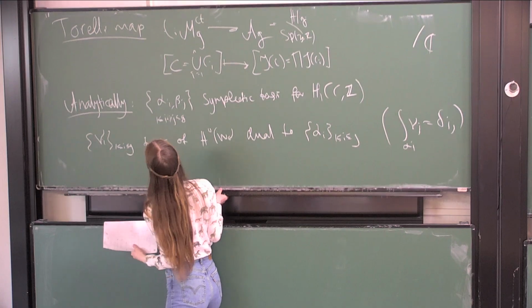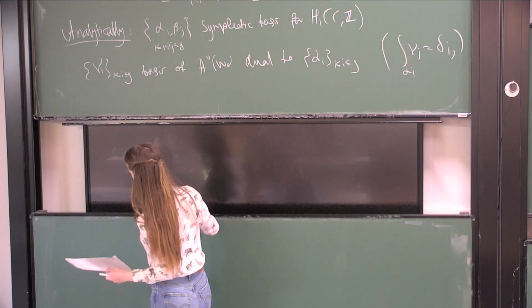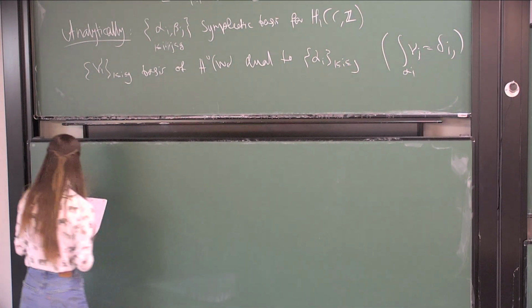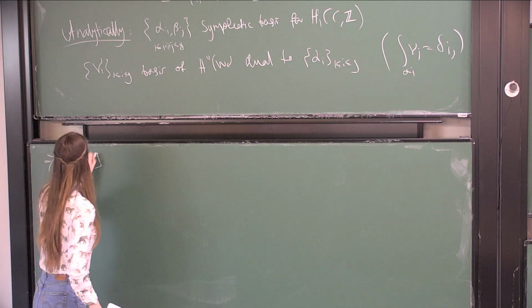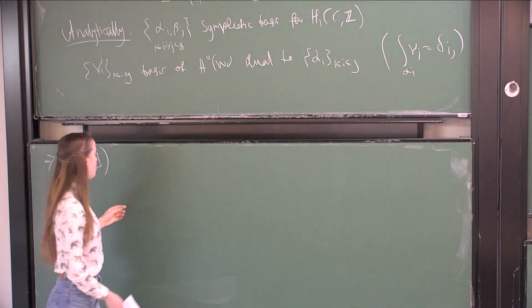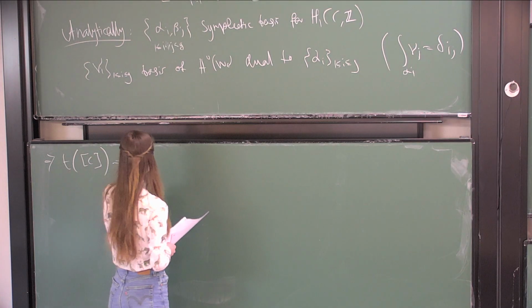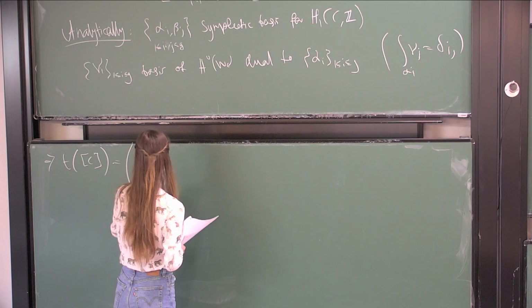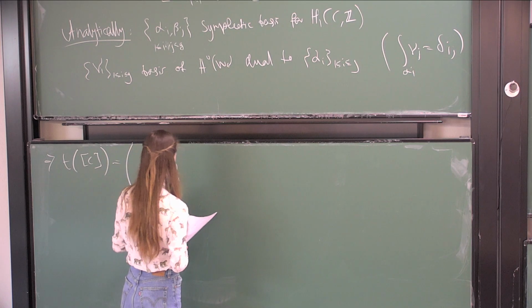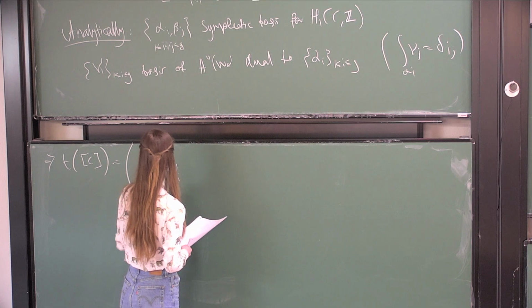Using this description, the Torelli map associates to a curve its period matrix inside the Siegel upper half space, which has entries given by integrals of these holomorphic differentials over the beta cycles.